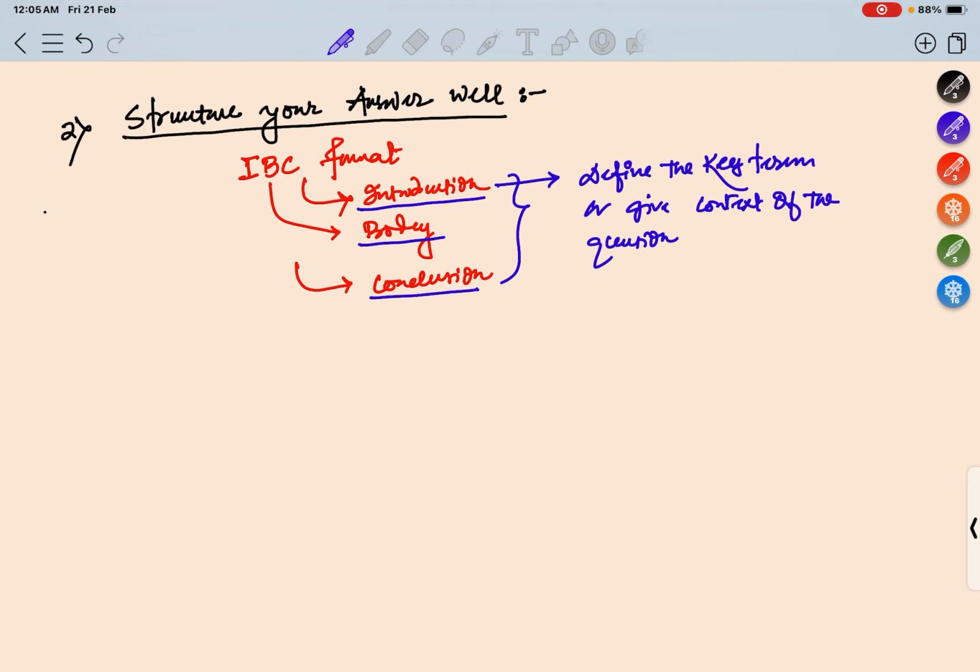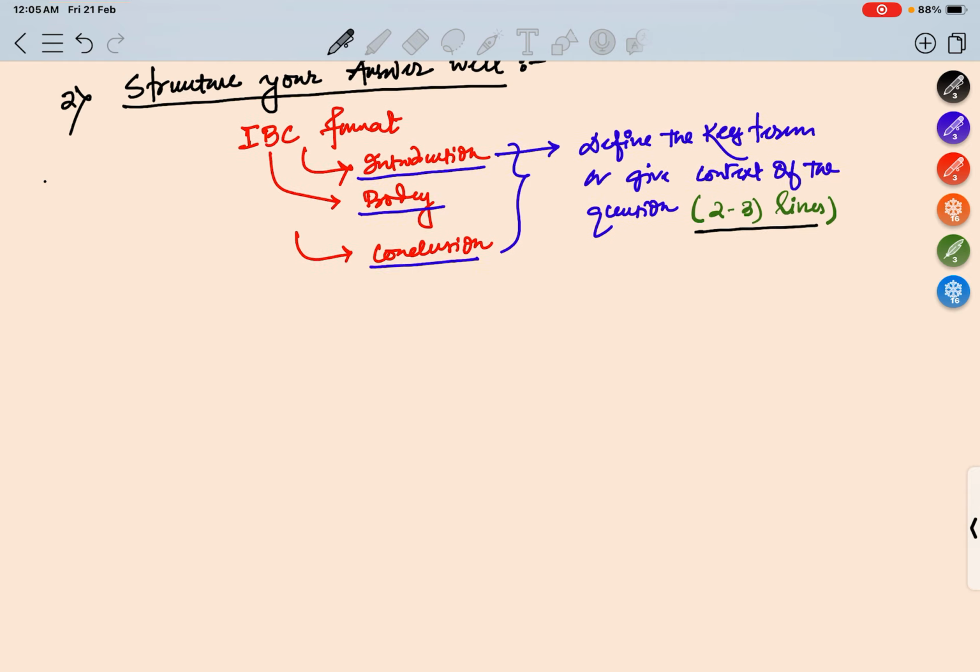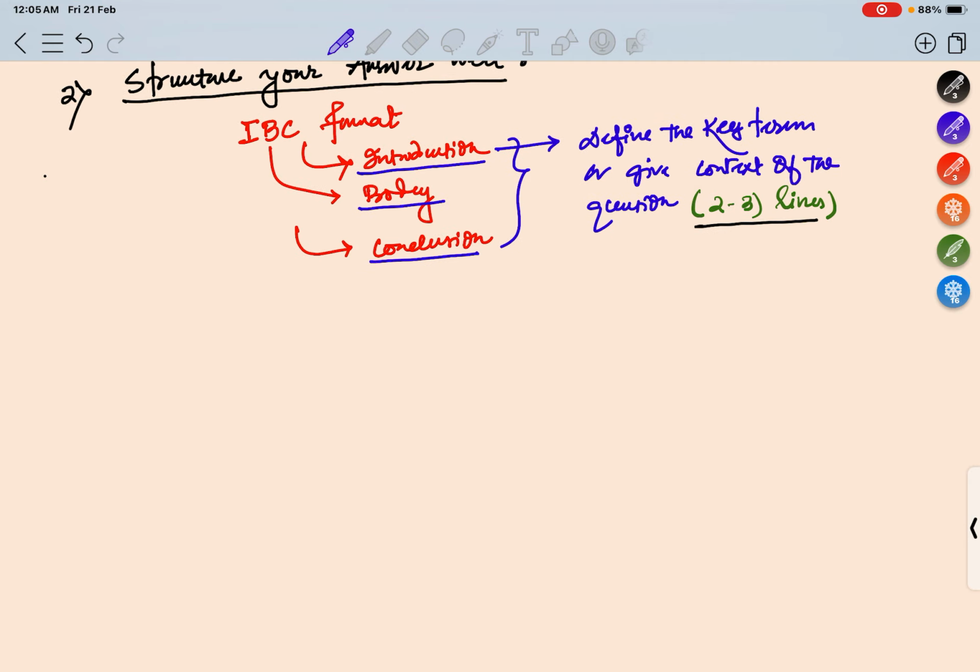Remember one thing, it should not exceed 2 to 3 lines. This is very important. The introduction should not exceed 2 to 3 lines. Now the introduction is done.